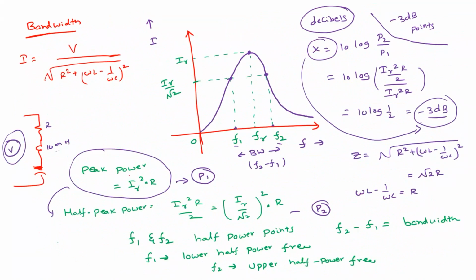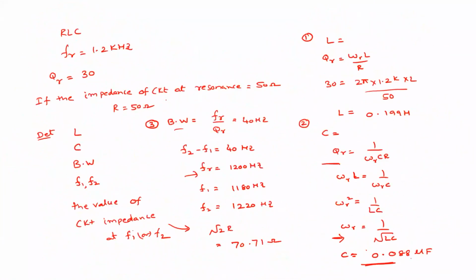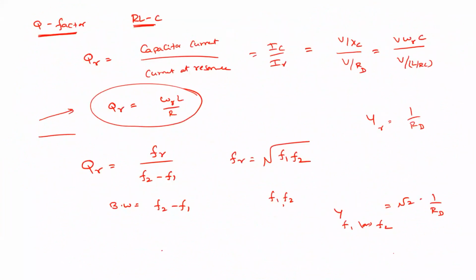No, the admittance value will be increased. Earlier the admittance was at its minimum. At resonance, the admittance is minimum, and that is the minimum possible value. So it can't be 1 by root 2. Understood the difference, right?